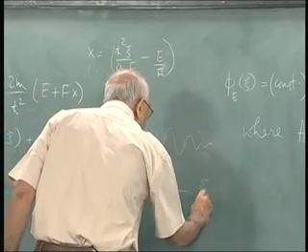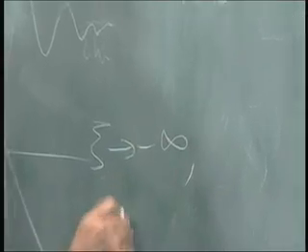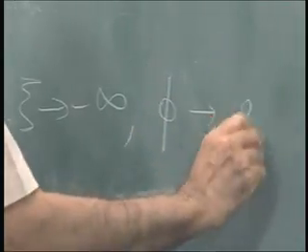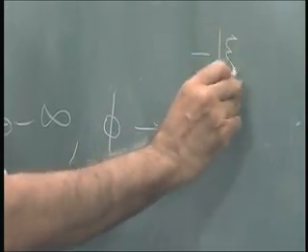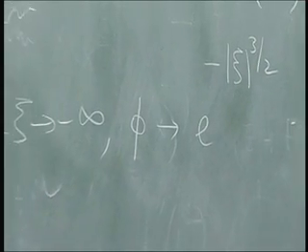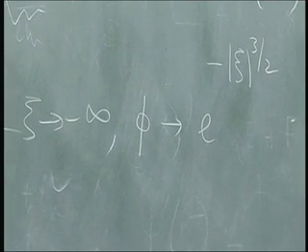As xi tends to minus infinity, the wave function phi tends to e to the power minus mod xi to the 3/2. It dies down like e to the minus mod xi to the 3/2 on the left hand side, faster than exponential.